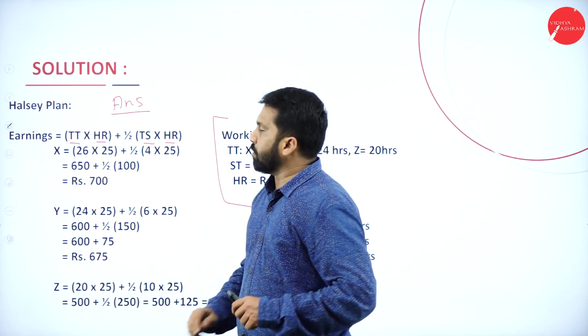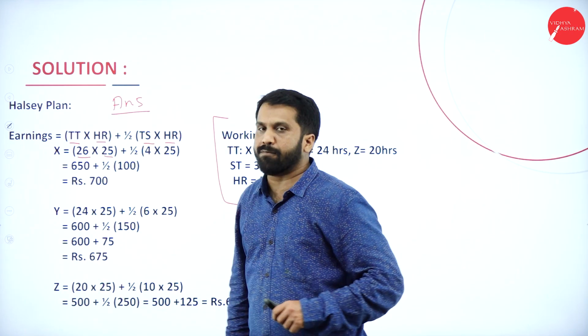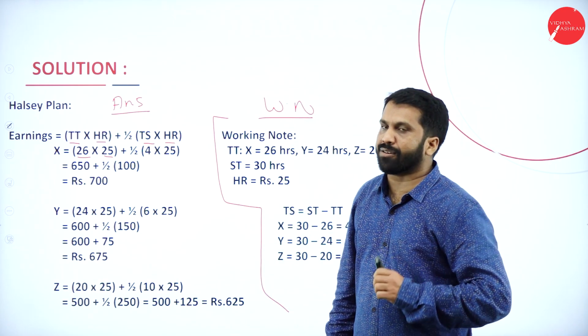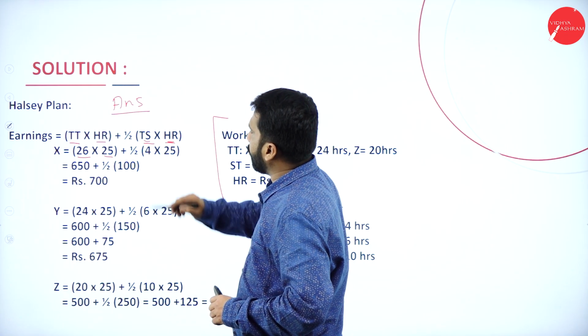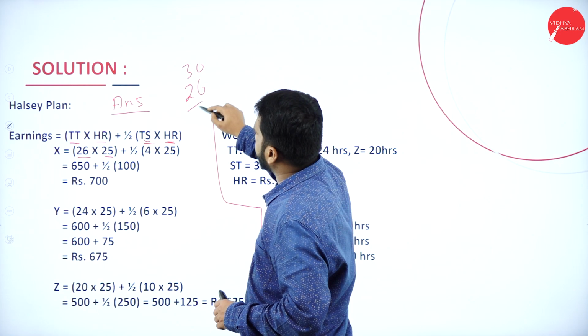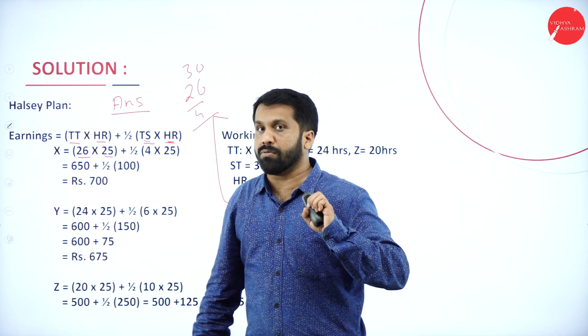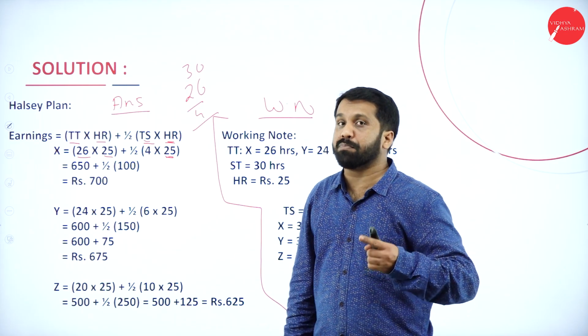X is equal to time taken 26, hourly rate 25. 26 and 25. Time saved and hourly rate. What is the time saved? Out of 30, he completed in 26, which means he has saved 4 hours. For 4 hours, he will be given 25 rupees per hour.